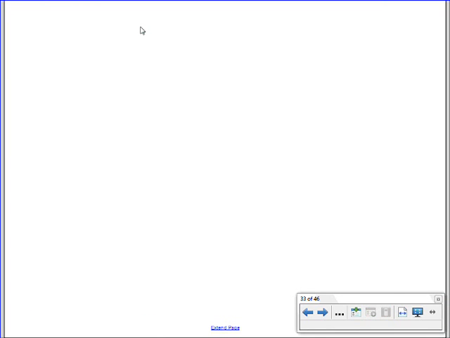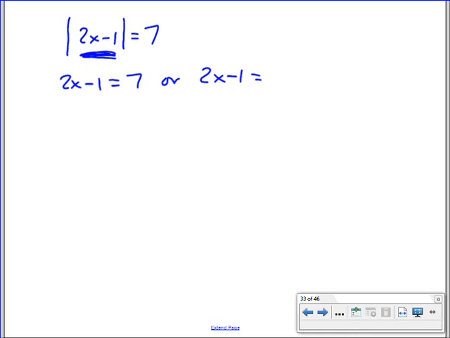Now let's imagine we have the absolute value of 2x minus 1 equals 7. By what we just learned before, what's inside the absolute value, 2x minus 1, has to either be 7 or be equal to negative 7.